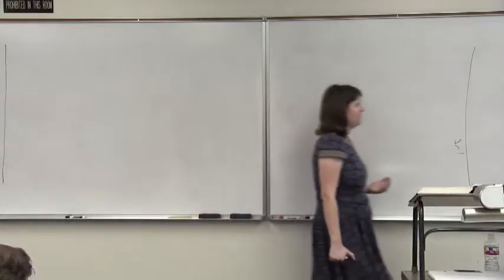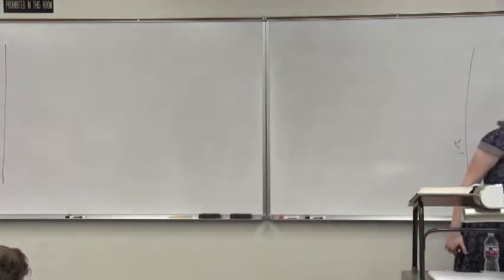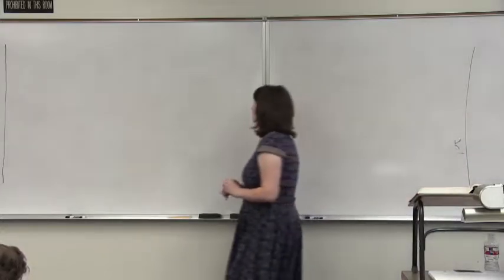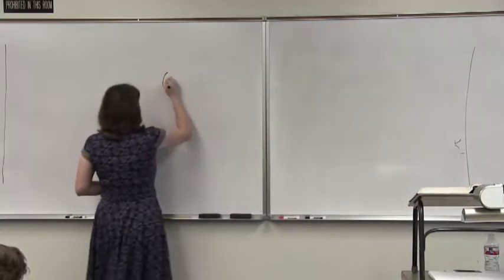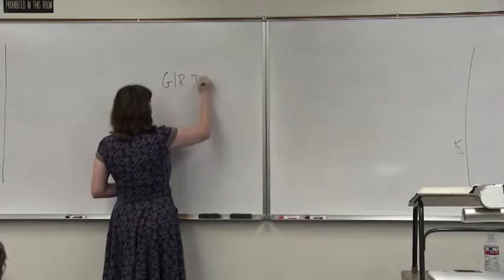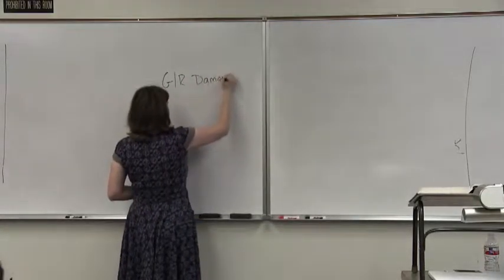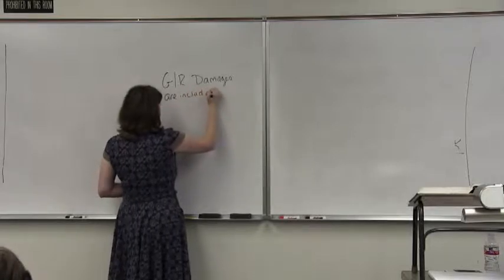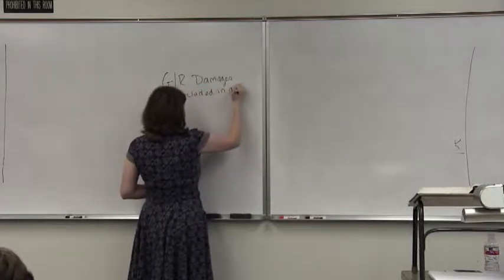And they kind of convolute this a little bit in the book. So, the general rule is that damages are included in gross income.